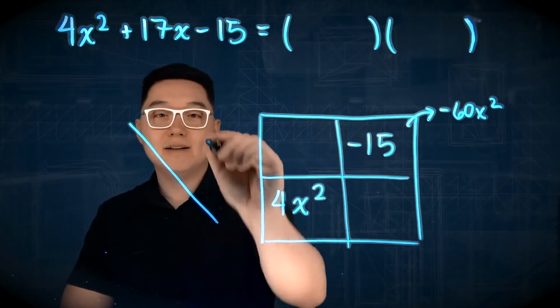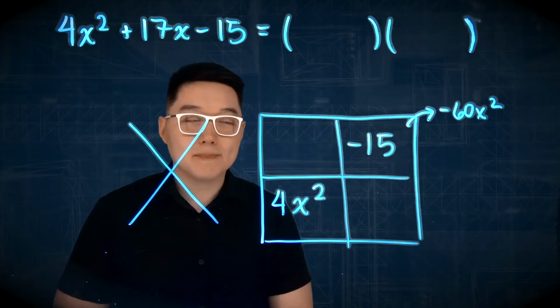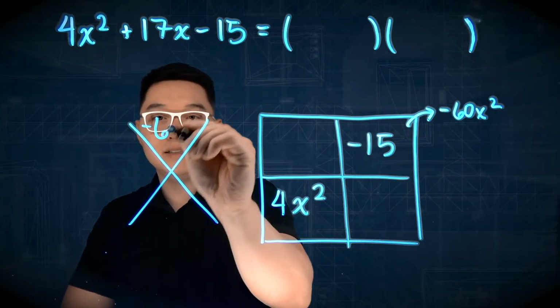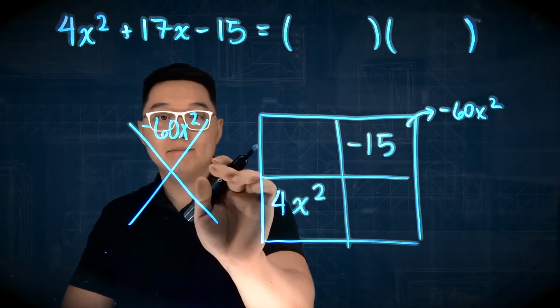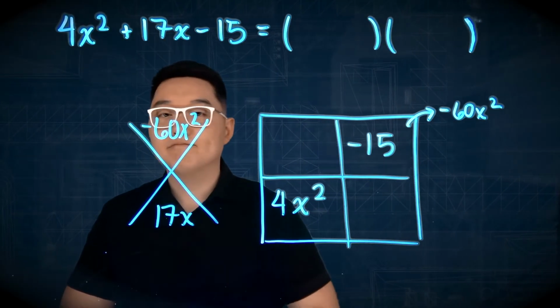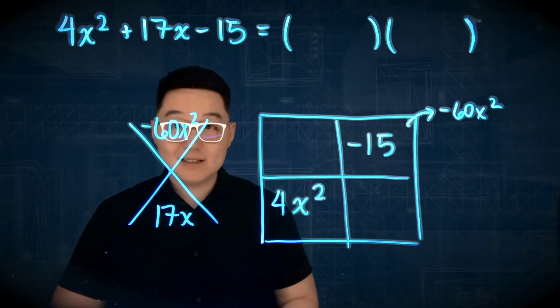Let's go ahead and organize that into a diamond problem, or a cross game. So these two sections must multiply to be negative 60x squared, but when you combine these two, must be positive 17x. So let's come up with a list of two numbers that multiplies to be 60.